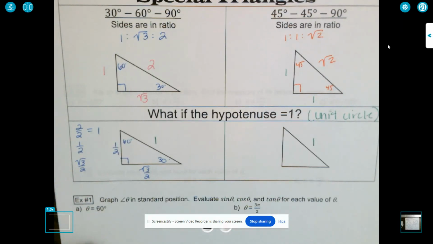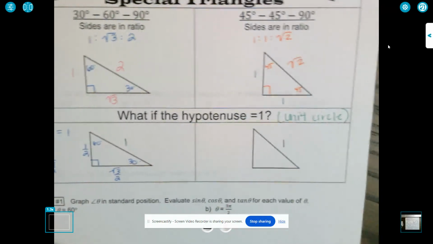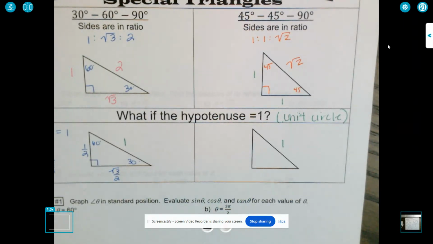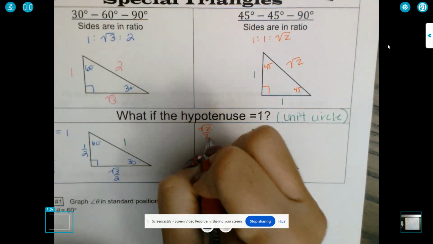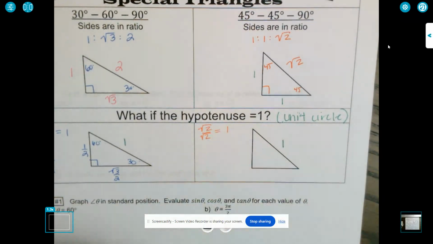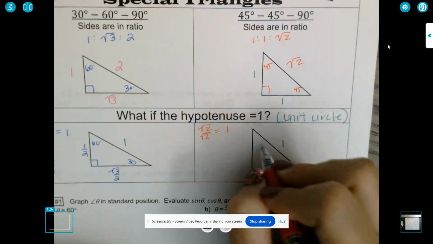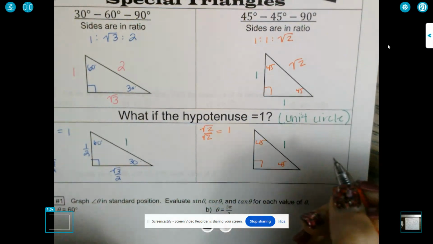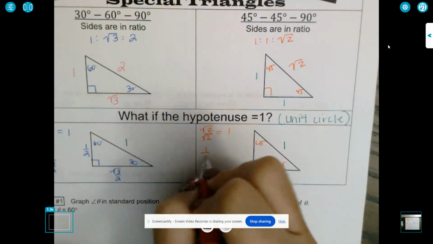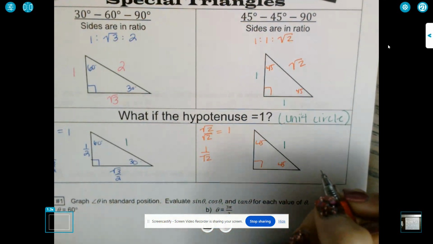All right, so we're going to do the same thing over here on the 45, 45, 90. If it's the square root of 2, to make 1, I've got to do the square root of 2 divided by the square root of 2, which does give me 1. But then for the other two sides, I'm going to take 1 divided by the square root of 2. Well, remember, we cannot do that.